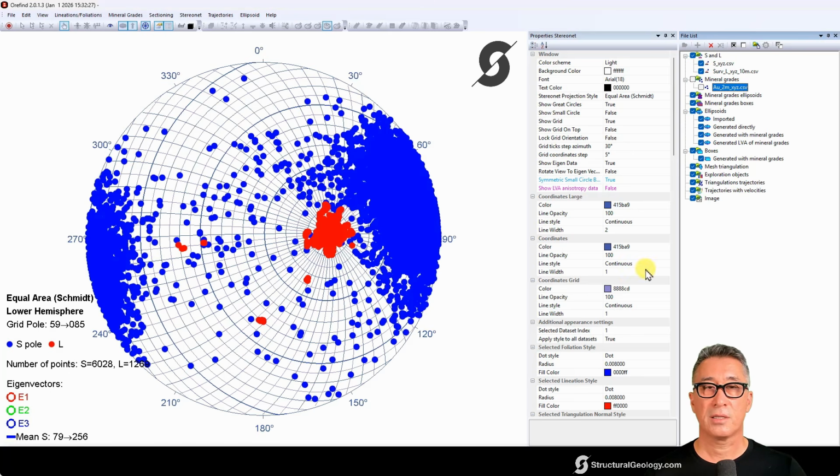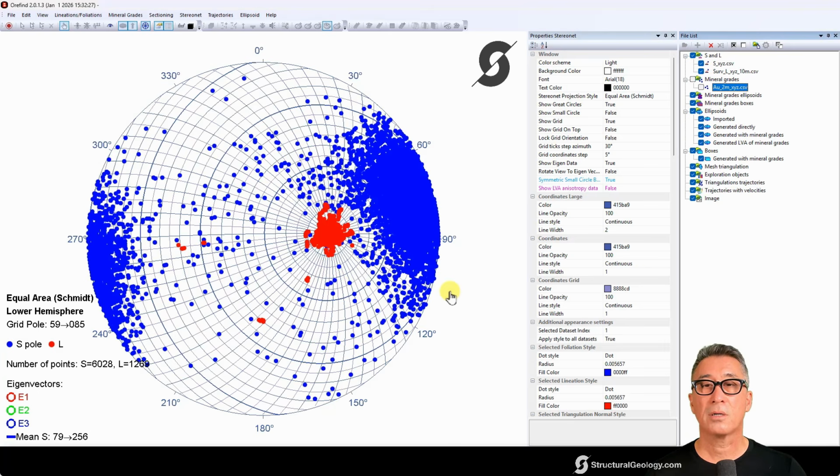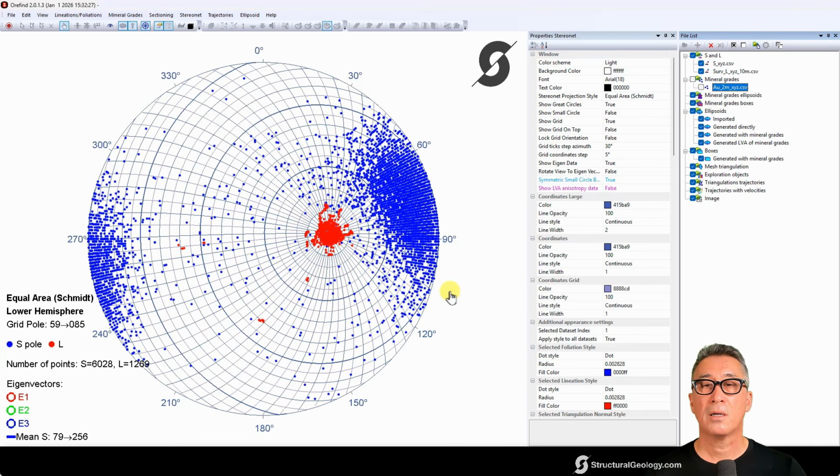I turn the S's on, and you can see that this is well behaved. There's a bit of spread, so there might be a bit of rotation, but I don't think so. You'd expect more points to be spreading that way, but we don't see that. So this is a good data set.